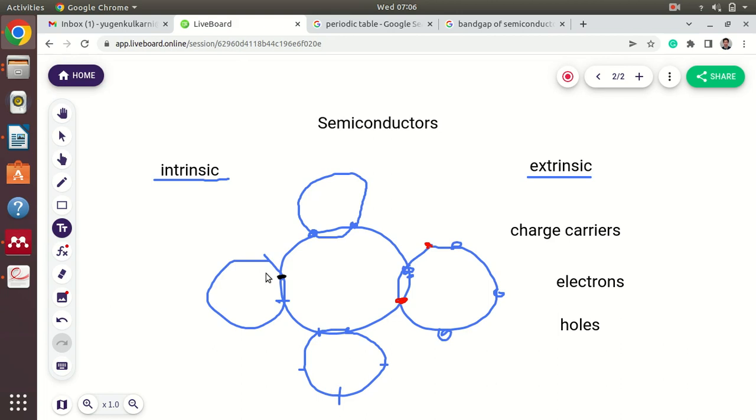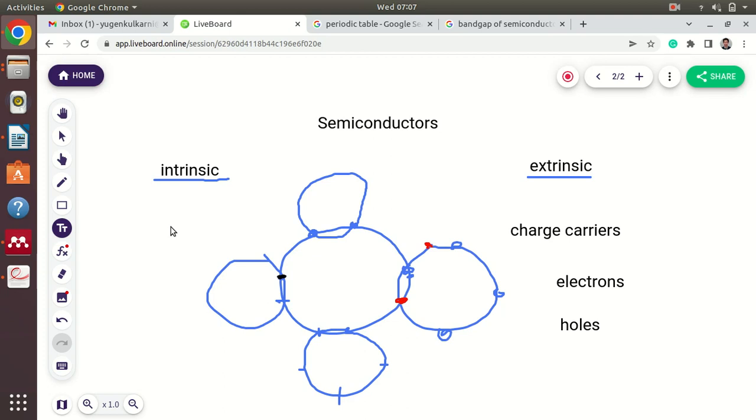So doping is nothing but adding an impurity, either trivalent or pentavalent. When we add a trivalent impurity to the intrinsic semiconductor, we get a p type semiconductor. And when we add a pentavalent impurity, or an impurity with 5 electrons in the outermost orbit, we get an n type semiconductor.